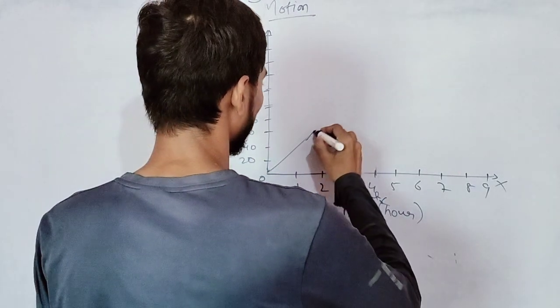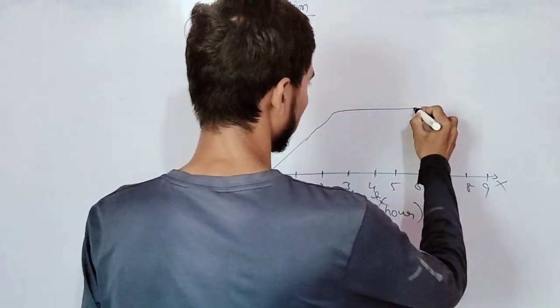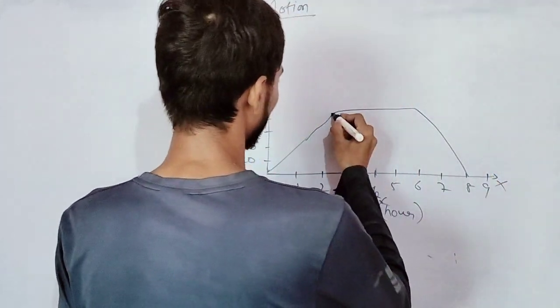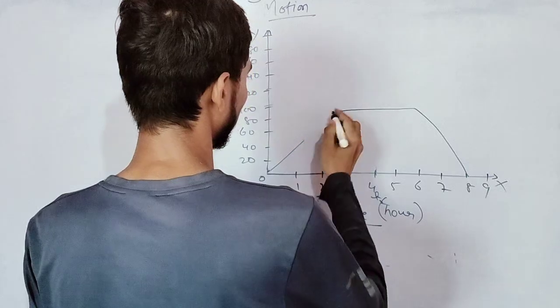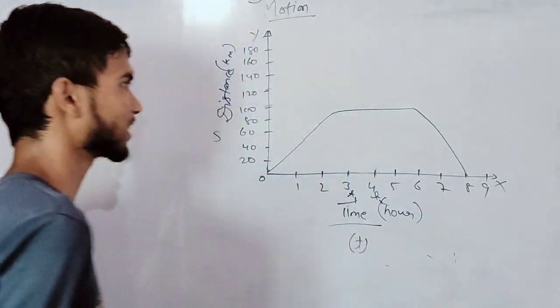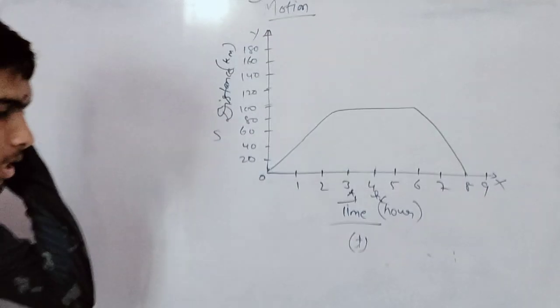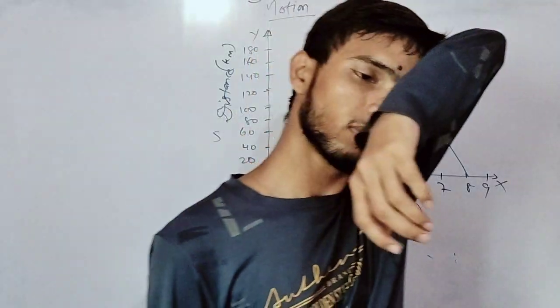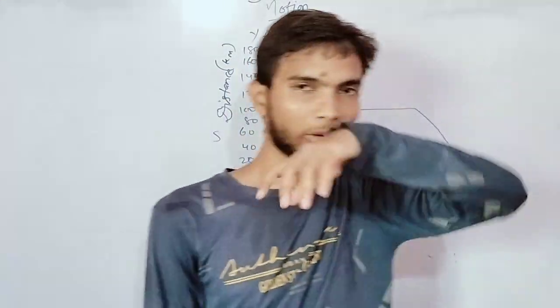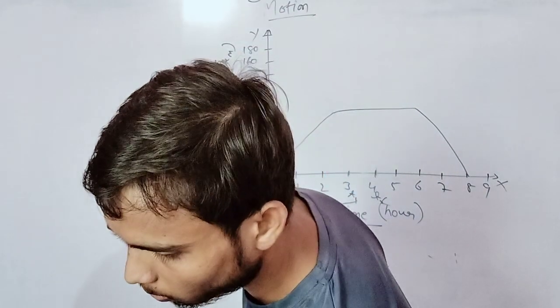This is a given slope to you. We are understanding what kind of slope can be there.